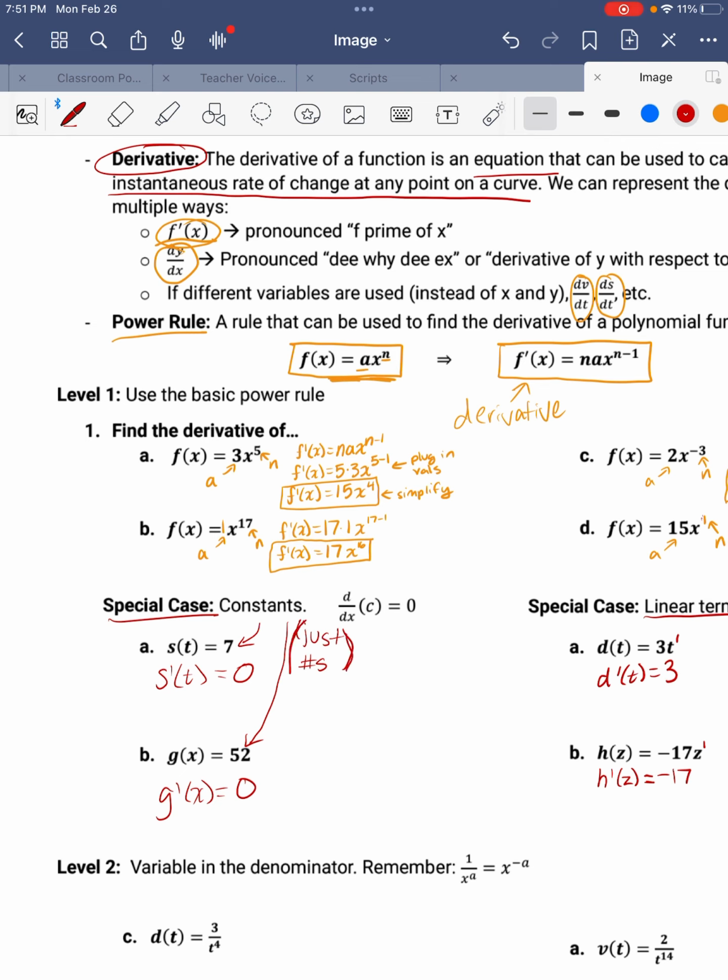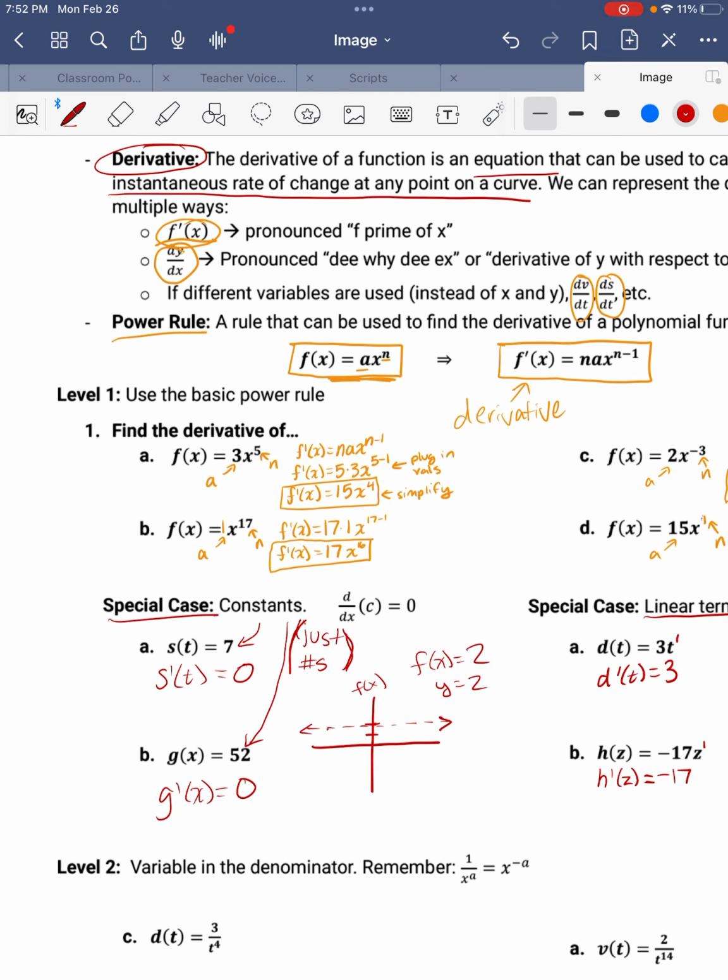Okay, the reason is because let's envision a graph, and let's say the equation is f of x equals 2. Well, we use y to represent f of x, right? So f of x is 2, that's just the same as y is 2, which is just going to be a flat line here.